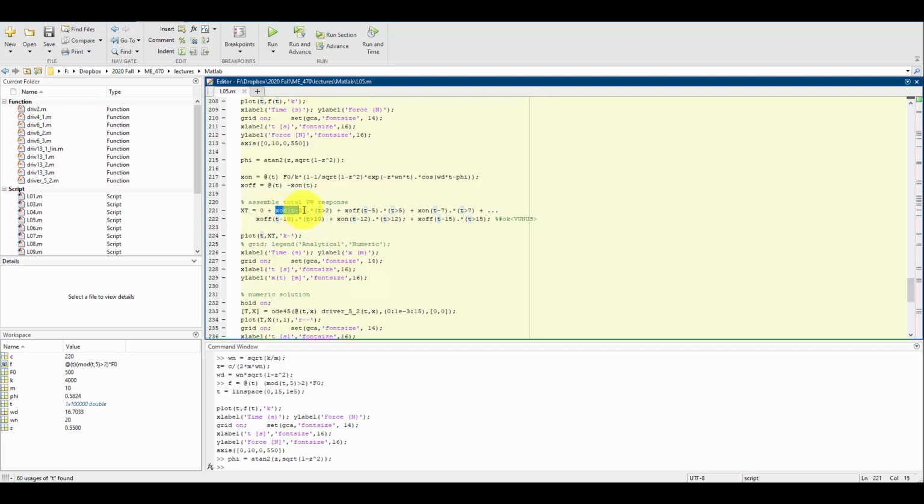I have x on of t minus 2 as defined above. But to adhere to the piecewise part, I don't want it to happen until 2 seconds has elapsed. So that's what this logical comparison is doing here. This has a value of 1 once I reach 2 seconds and 0 before that. So this x2 piece doesn't turn on until 2 seconds.